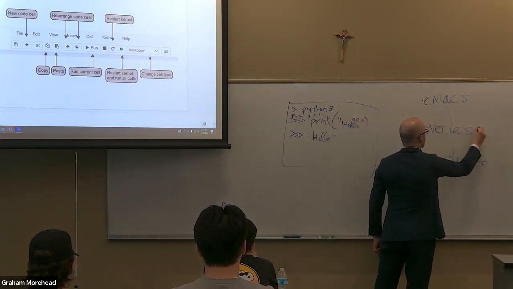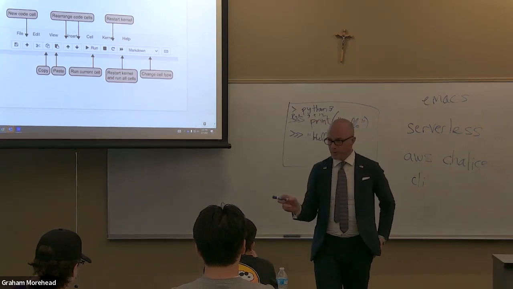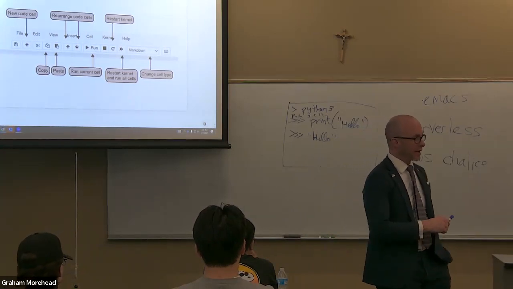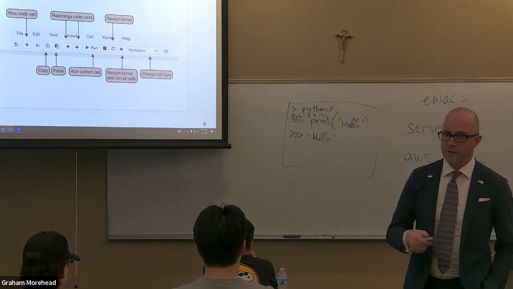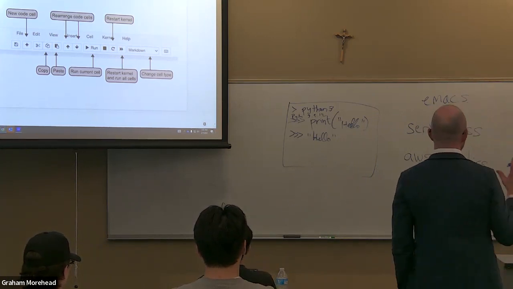Serverless just means it's a function that Amazon runs for you, and you don't have to worry about it. You don't have to think, okay, what version of Linux is it running on? What version of this, what version of that? It's just running. Just trust us, it's running.